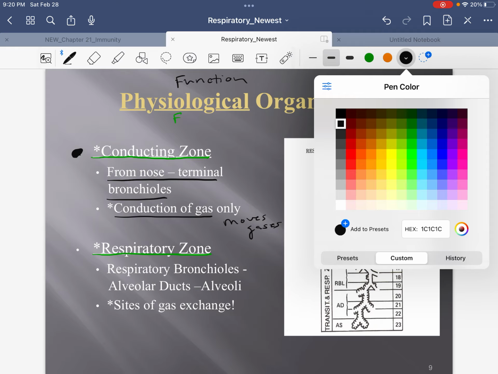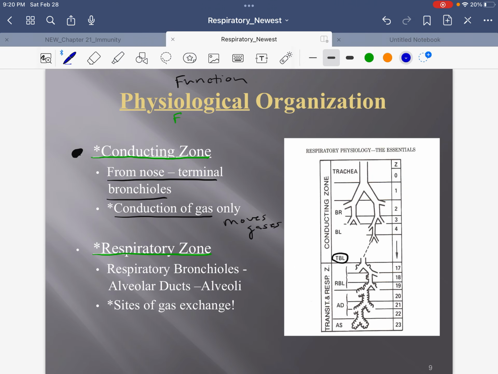However, once we get down to the respiratory bronchioles and the alveoli, respiratory bronchioles down to the alveolar sacs or alveoli, this is considered the respiratory zone, because guess what can happen here? Gas exchange.